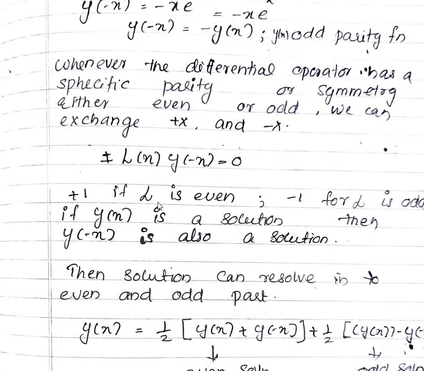This plus 1 is for if L is even and minus 1 if L is odd. If y of x is a solution, then y of minus x is also a solution if L has a definite parity.